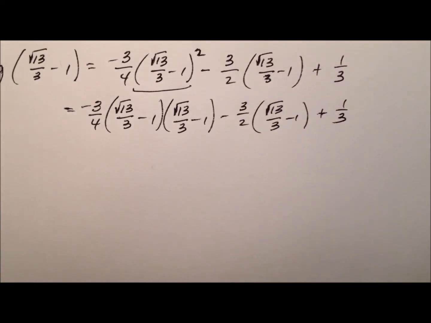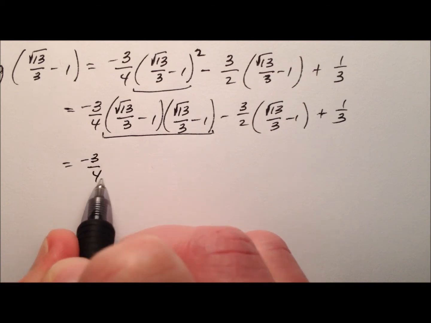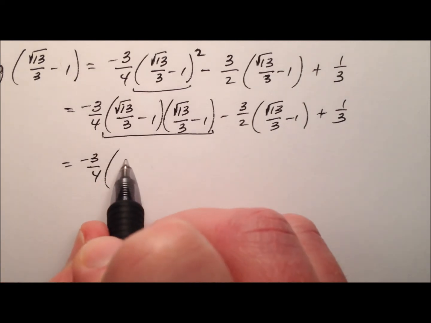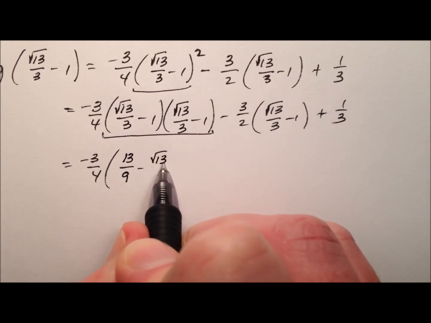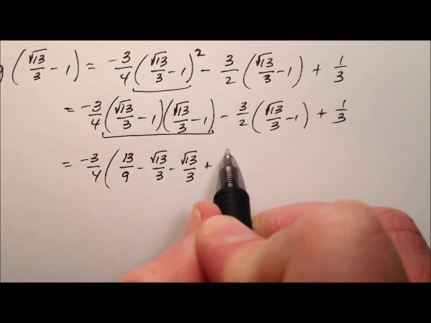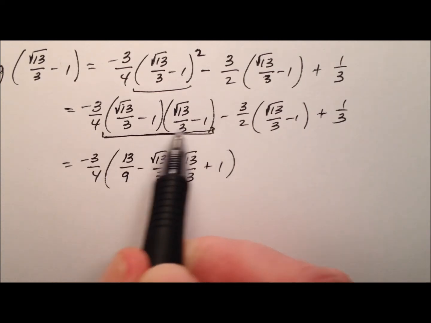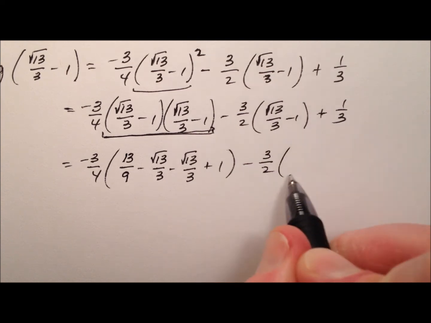Let's focus on the multiplication first. It looks like it'll be 13 over 9 minus the square root of 13 over 3 minus the square root of 13 over 3 plus 1. And that's just FOIL, or the distributive property, however you have learned that previously.